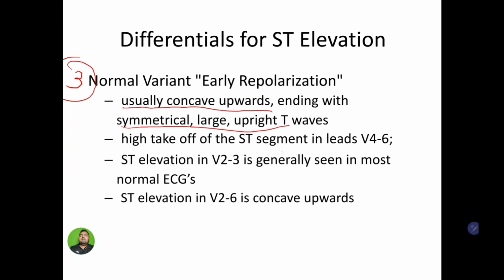There is a high takeoff of the ST segment in lateral leads only, leads V4 and V6. ST elevation in V2 and V3 is generally seen in most normal ECGs, and the ST segment elevation from V2 to V6 is concavity upwards. Concavity, not convexity.